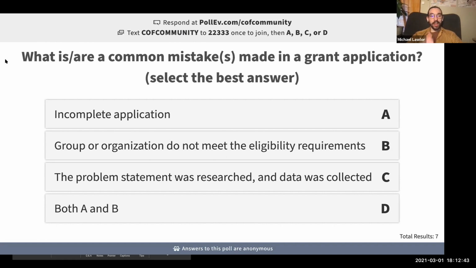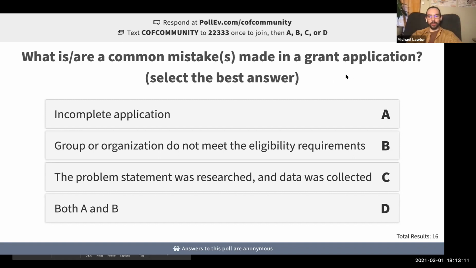So the first option, an incomplete application, that's letter A. If the group or organization does not meet the eligibility requirements, then that is letter B. If the problem statement was researched and data was collected, that is letter C. Or if you think it was both A and B, an incomplete application and group not meeting the eligibility requirements, that is letter D.